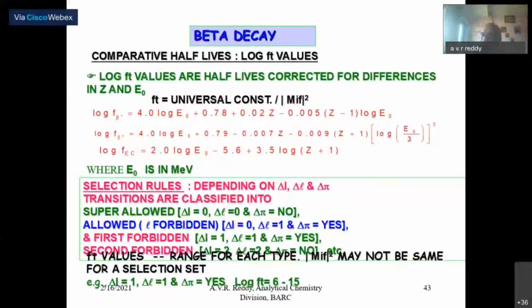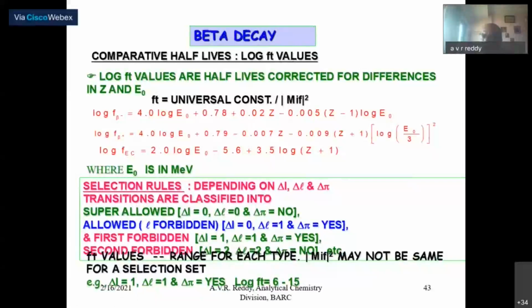Therefore, parity, both are plus, no change. Both are half, so delta I is 0. Both are S states, therefore L change is 0. In such cases, decay is super allowed, meaning decay is very fast. Such decays are classified as super allowed. And the log ft value decides whether it belongs to super allowed or allowed, first forbidden, second forbidden, and so forth.